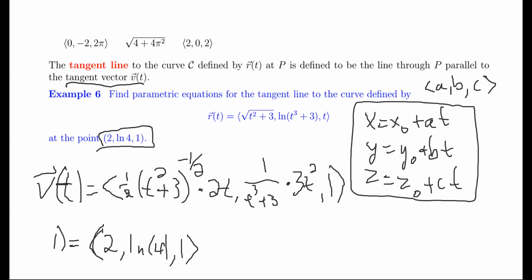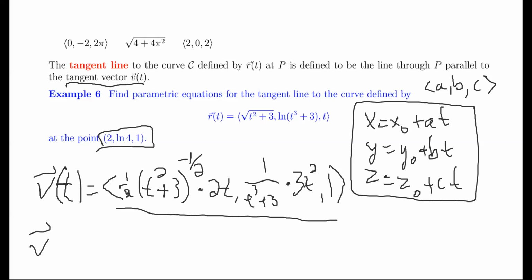So what does that mean? That means we want to plug t equals 1 into this. So v of 1. Let's see, we have 4 here in the denominator. This is 1 over 2 times 4 to the 1/2 power. It's supposed to be 4 to the 1/2, so let's just write that as square root of 4.